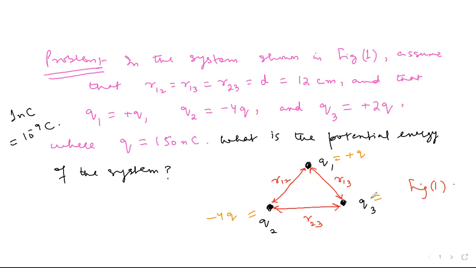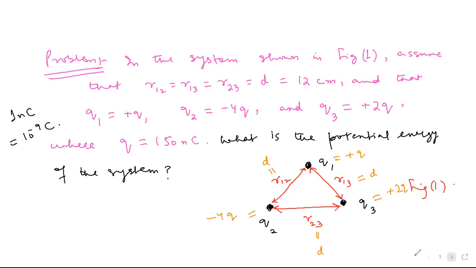And Q3 is plus 2Q. Right? Q3 plus 2Q, Q2 minus 4Q, and Q1 plus Q. And all these three distances are equal to D. Right?